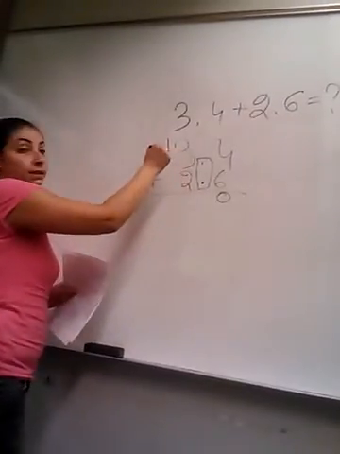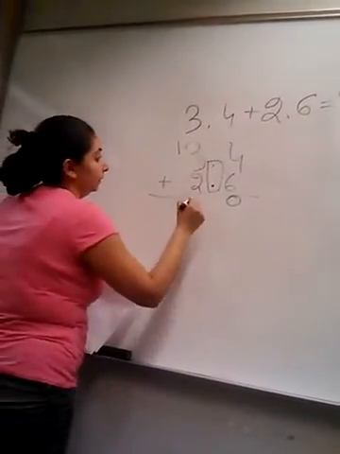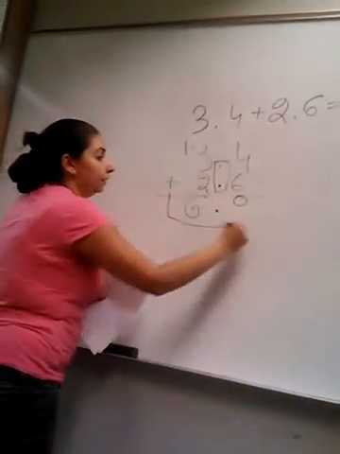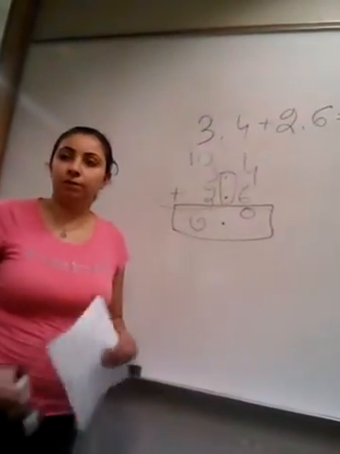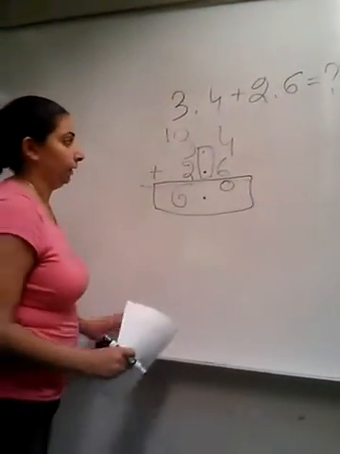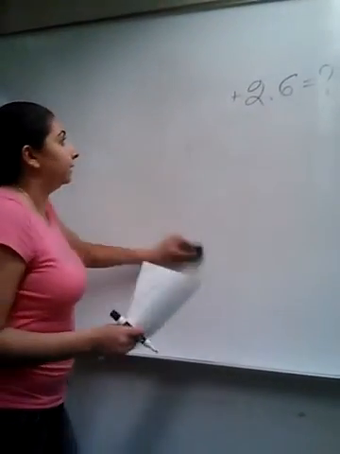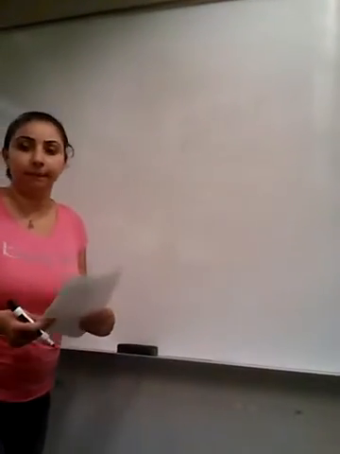Then 3 plus 1 plus 2 is 6. And also the dot, so we're going to have 6.0. Any questions? Okay.